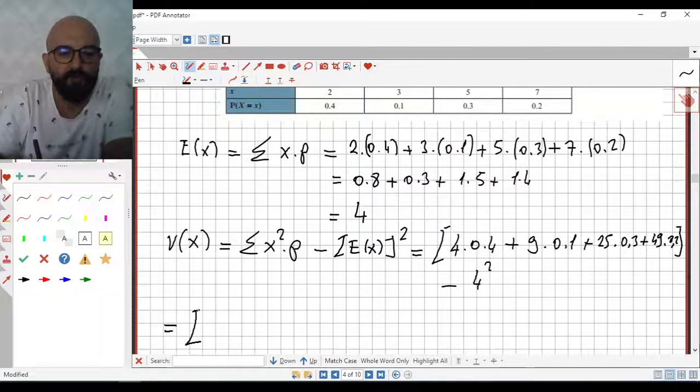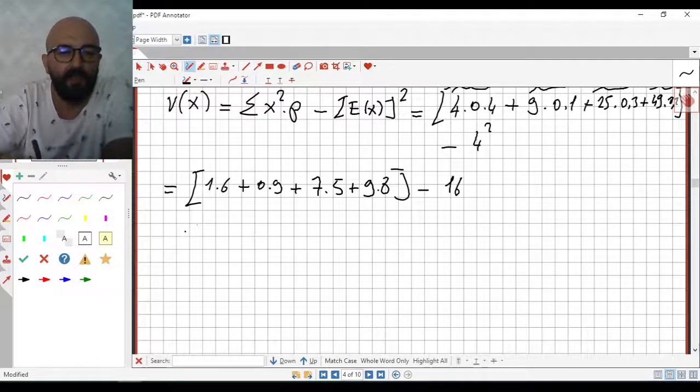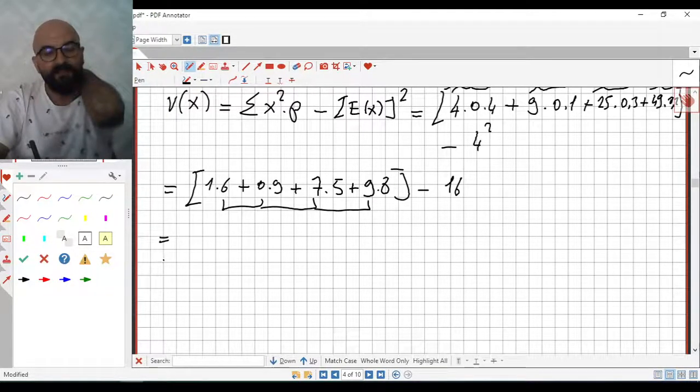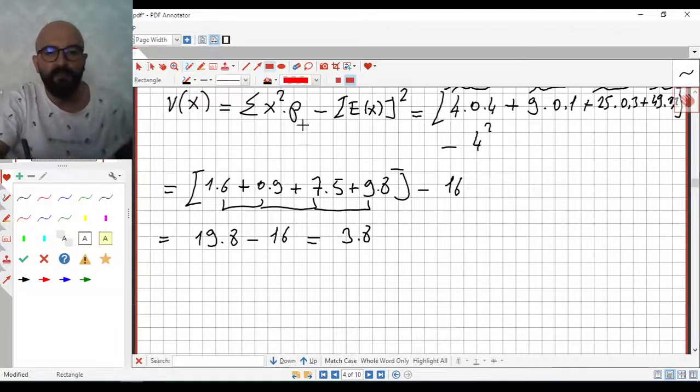So 1.6 plus 0.9 plus 7.5 plus 9.8, which is 19.8, minus 16 becomes 3.8.